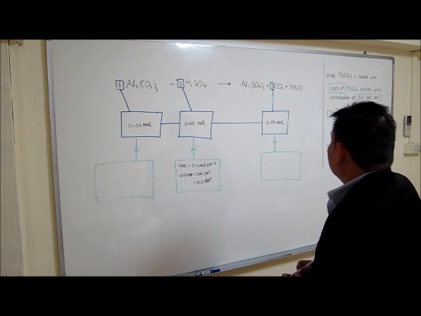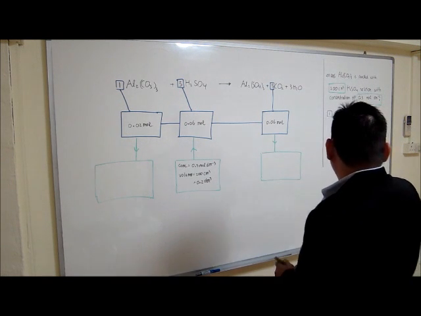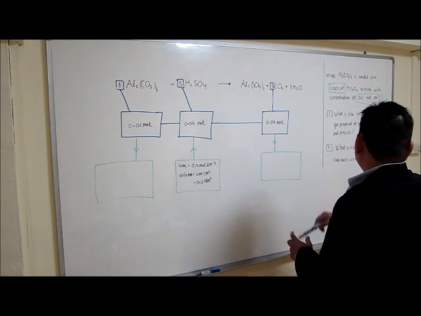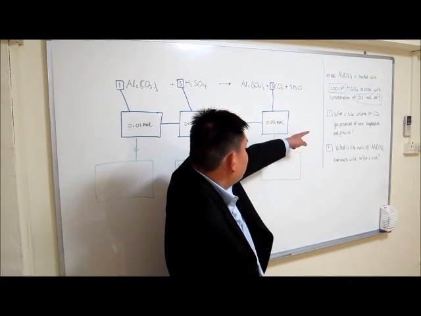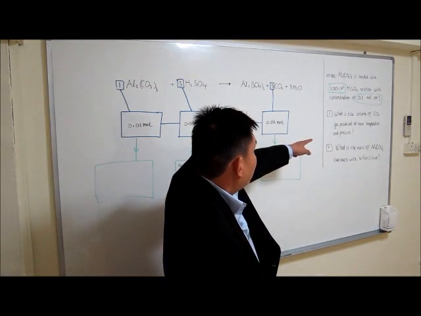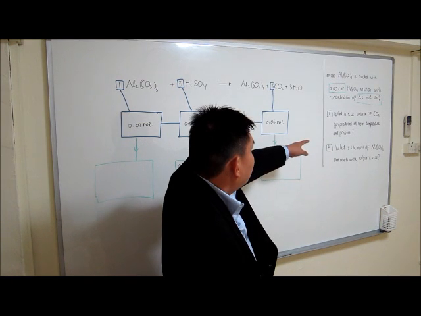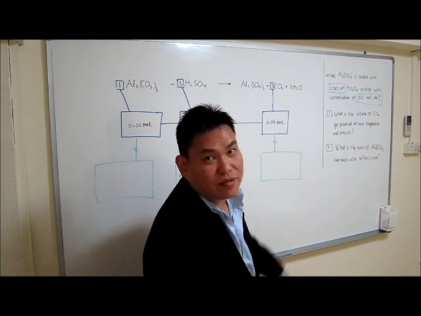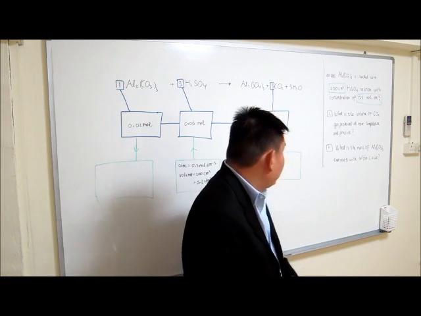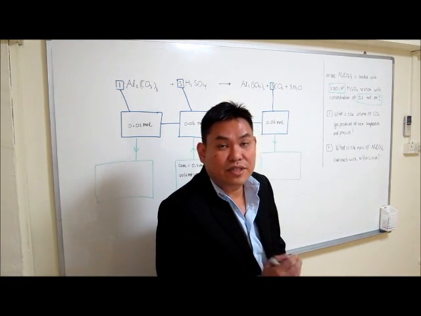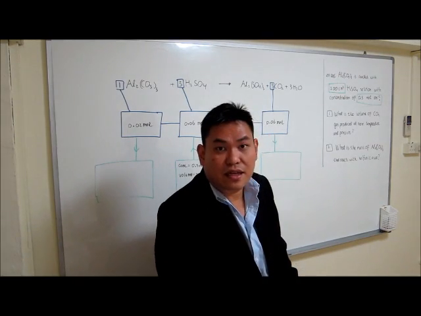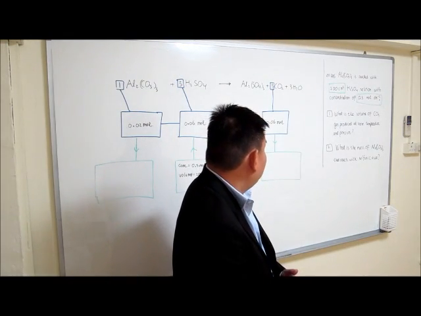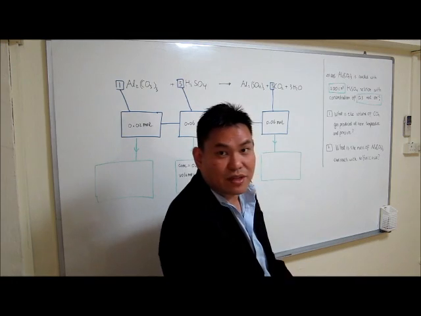Now, question number 1 is asking the volume of carbon dioxide. Very easy. And carbon dioxide is gas produced, gas at room temperature and pressure. And we can simply use formula number 3, which is volume of gas at room temperature and pressure is mole times 24 dm³.